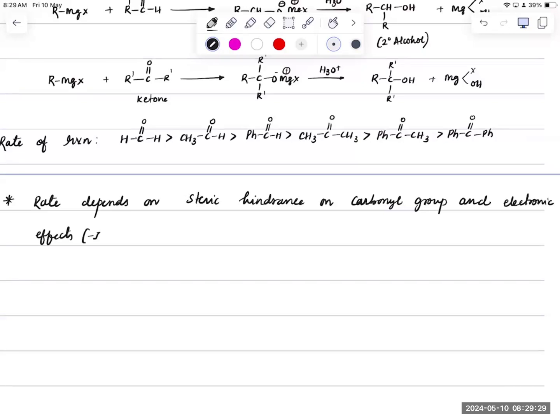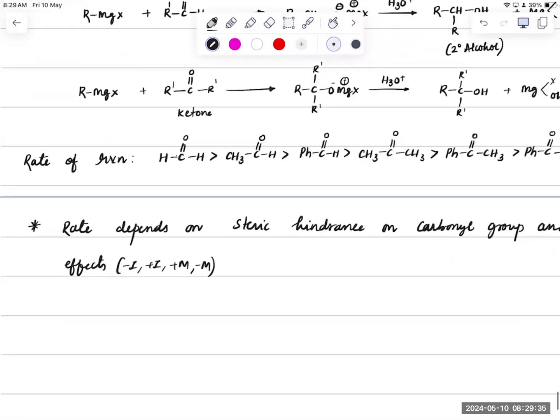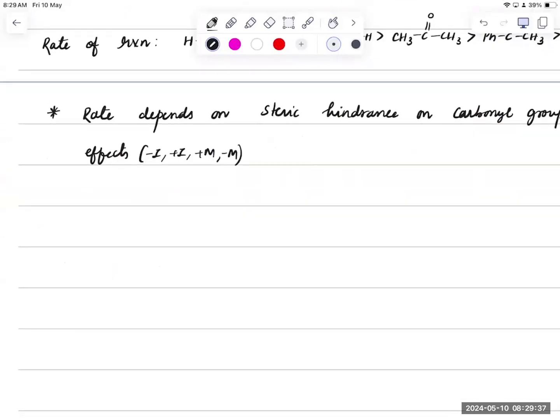That is, whether we have minus I, plus M or minus M. Depending on that, reactivity can change. Okay.